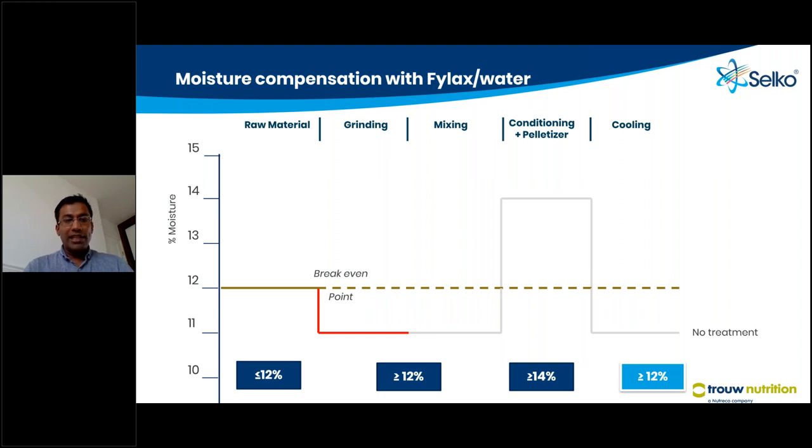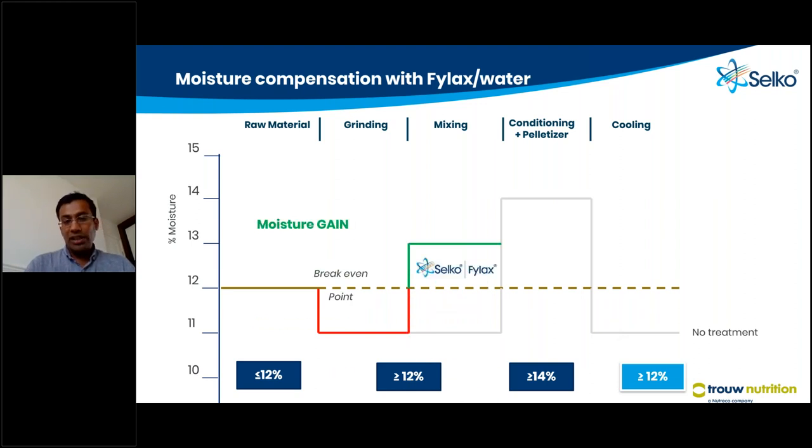So this is an example. I just focus on the moisture loss in pelleting. This is a challenge in the pelleting process. If you don't do anything, you start at 12 and you grind, you lose moisture. Then if you don't do anything in the mixing part, you bring the steam in the conditioner and you get a moisture level of 14. Then after pelleting, with the thermal energy, you come down, and doing ambient cooling without drying, you will be at around 10 to 12% or even lower, depending on your operations.